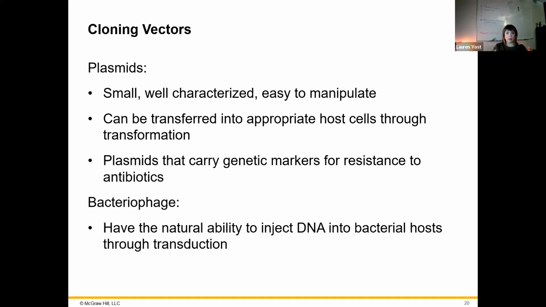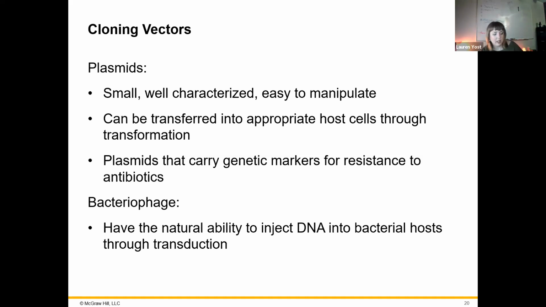And that can be important because if you have a target cell that is just plain old E. coli, not antibiotic resistant, and you want to put a gene into a plasmid that you're going to put into the E. coli, how are you going to know that it got in there? So you can have antibiotic resistance in the plasmid as well, so that you can select for it.